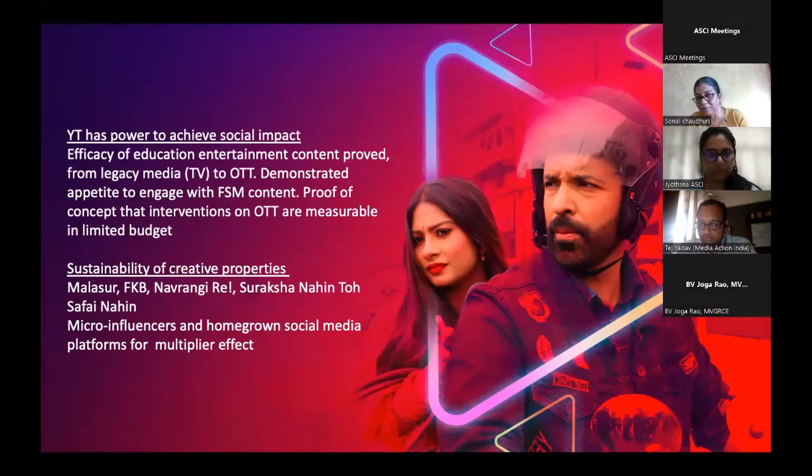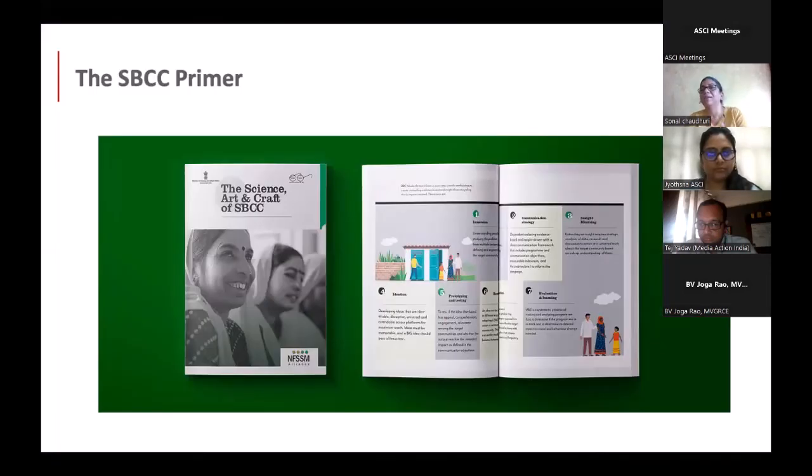Can we go to the next slide? And the result of everybody's efforts in the Alliance is the SPCC primer, which gives examples of everything there is in terms of designing your communication outputs, in terms of how research is done vis-a-vis communication. It can be applicable to any kind of thematic area, not just sanitation. So this is a very useful tool for all practitioners to use.